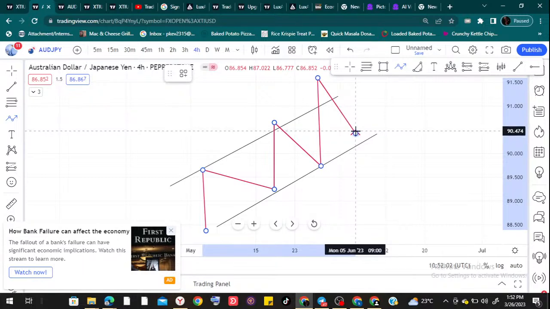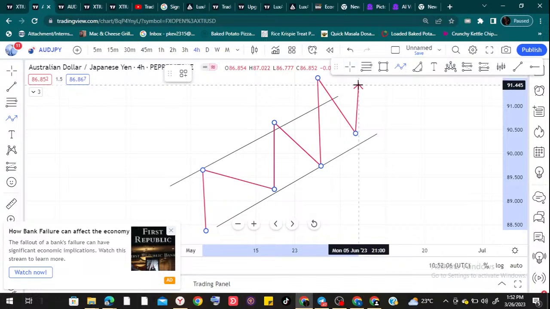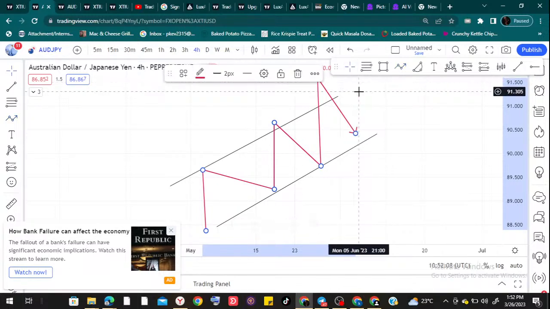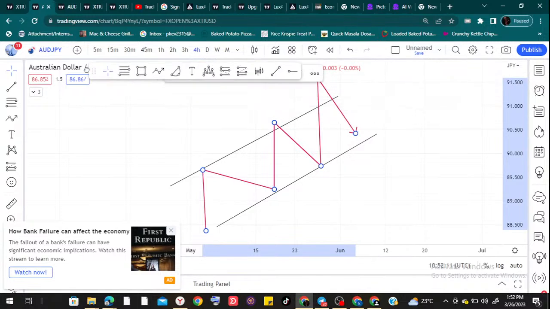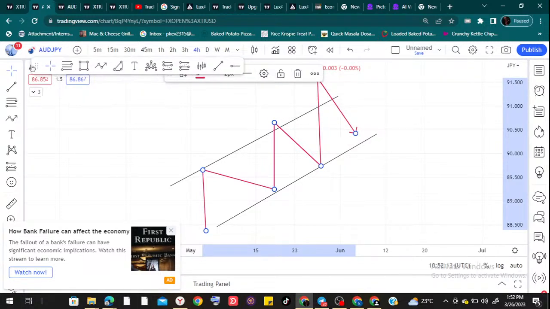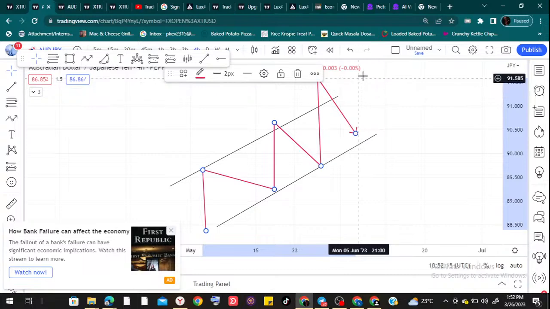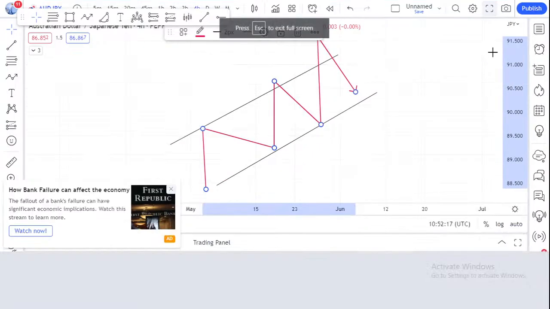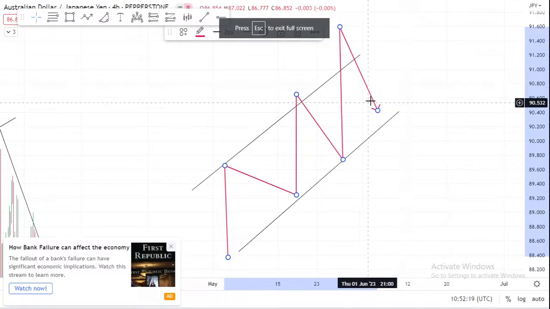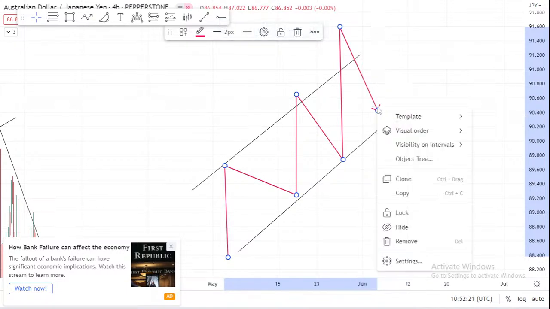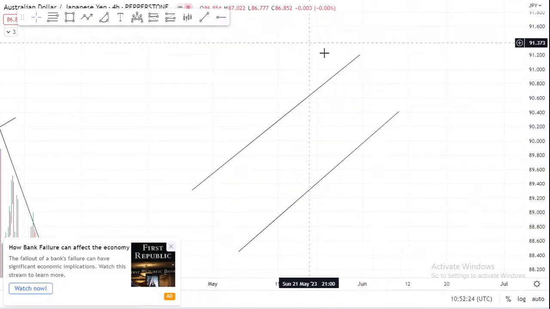Higher highs, lower lows, and then it gets to this point. Let me just maximize my chart. Okay, so let me delete this and start fresh.